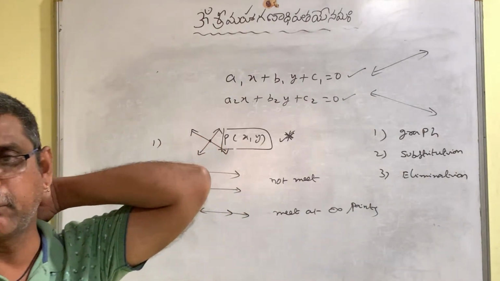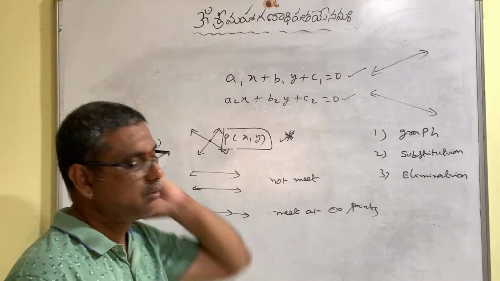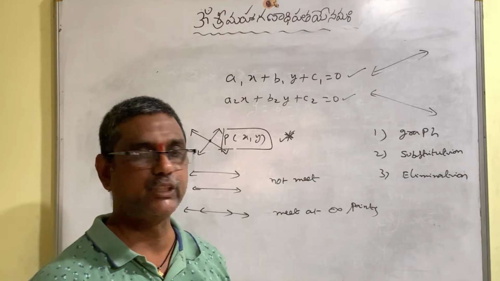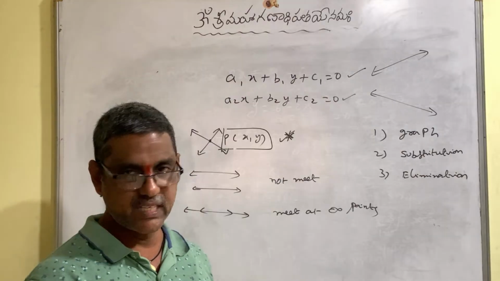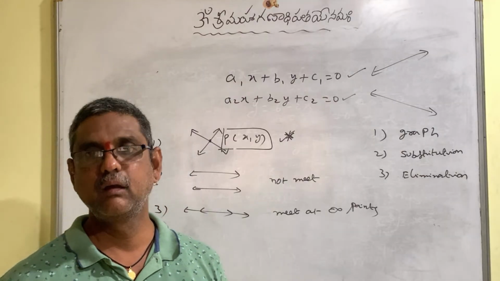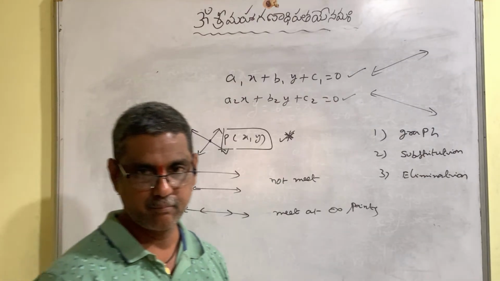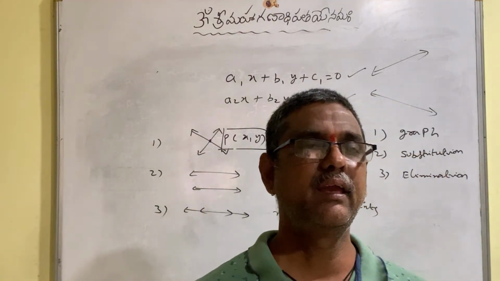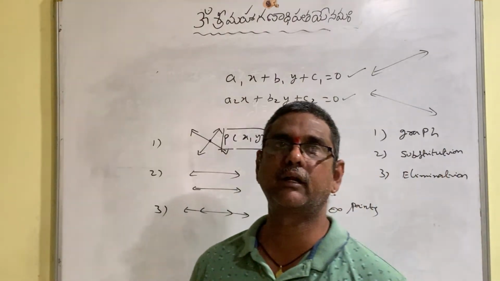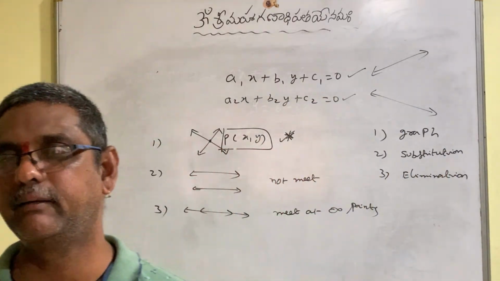Suppose Parthu finds the common solution with the graphical method, Vaishnavi finds it using the substitution method, and Lakshmi Priya finds the common solution using the elimination method.